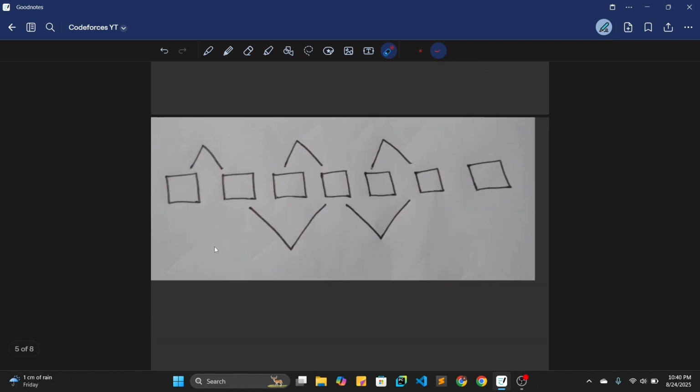Let's see another example. In this example, there are seven villagers, which is odd. If the number of villagers is odd, we need to do something differently. At first, as in the previous example, we will sort the villagers according to their grumpiness in a decreasing way, so the grumpiness of these villagers will be maximum and these villagers minimum. We will choose the first two villagers, then the third and fourth, and the fifth and sixth.